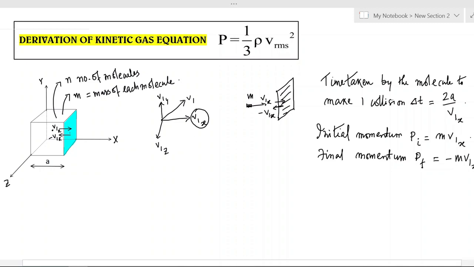Because after the collision is done, it is rebounding with a velocity minus v1x. Alright, so the final value of momentum is minus m v1x.